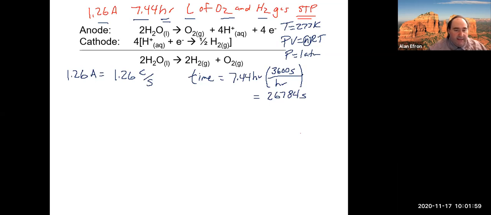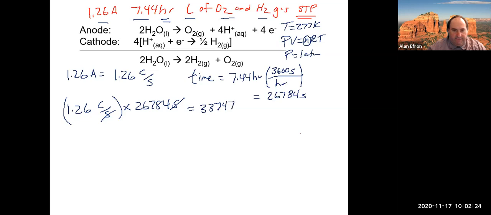We take 1.26 coulombs per second and multiply that by our 26,784 seconds. Seconds are going to cancel, and that's going to give us 33,747.8 coulombs. I'm not going to round too much right now, so we'll clean it all up at the end.